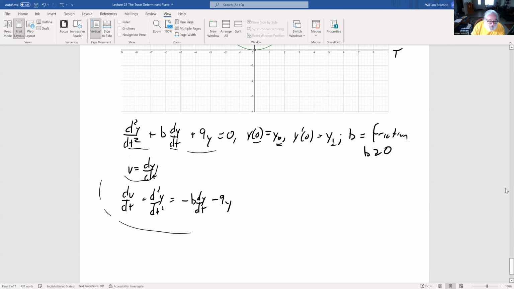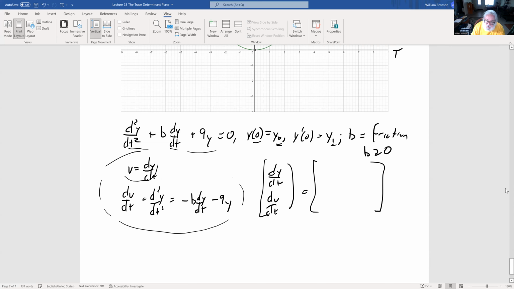So can we rewrite this as a system of equations? Sure, d/dt of y and v equals some matrix times y and v. So dy/dt equals v, so that must mean we have a 0 and 1 here. 0 times y plus 1 times v equals dy/dt, that works.